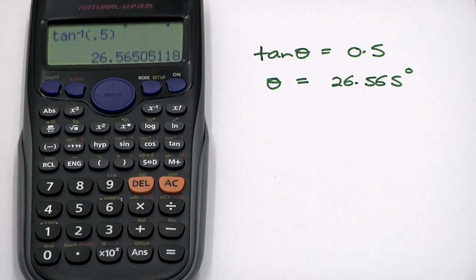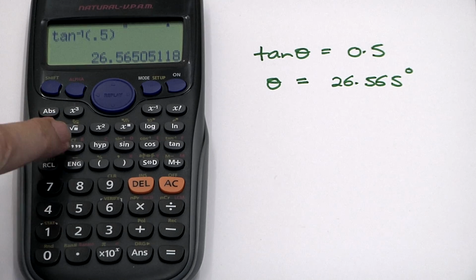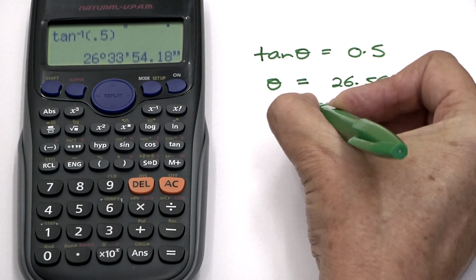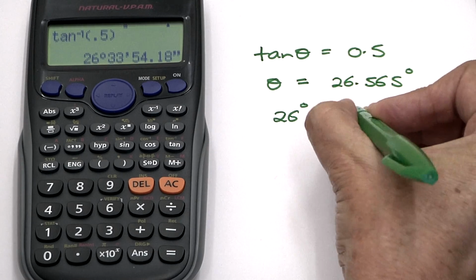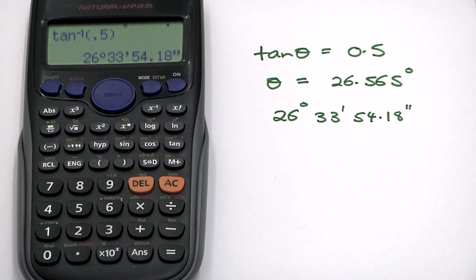Now you may like to write that in degrees, minutes and seconds. You can press this button here. See, it's got a dot and then little commas. And there we've got 26 degrees, 33 minutes, 54.18 seconds.